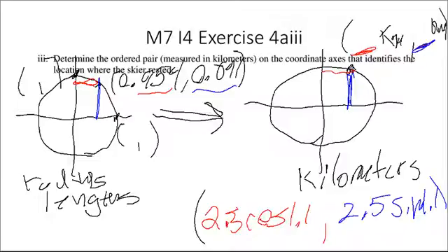The resulting ordered pair would be: we take 2.5 and multiply that by the value of cosine of 1.1 radians. That's 2.5 times 0.454, and we get 1.134 here.